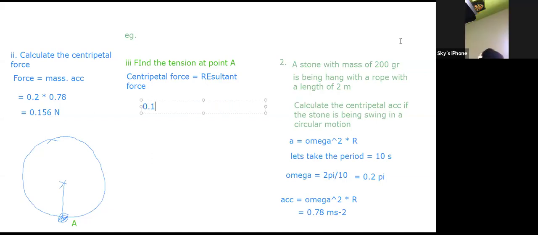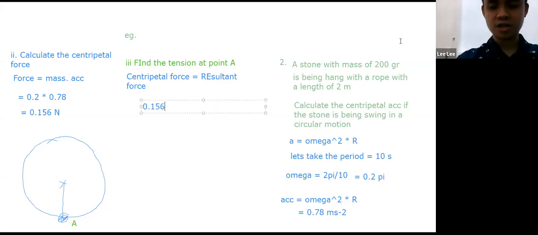Yes. So the tension at every point will be different. The weight in this case is 0.2 times 9.8.